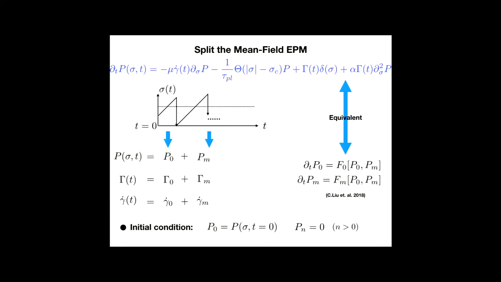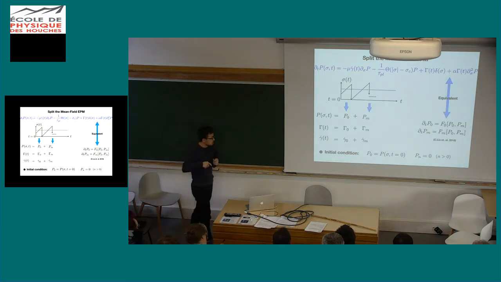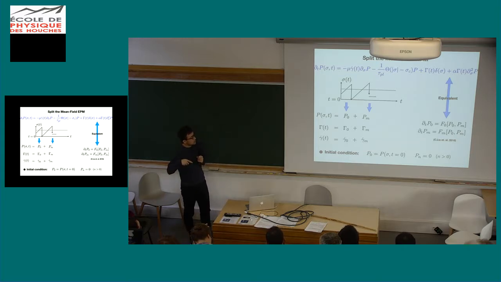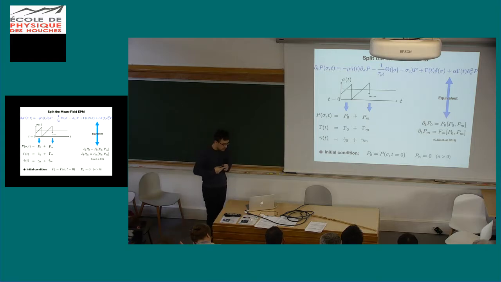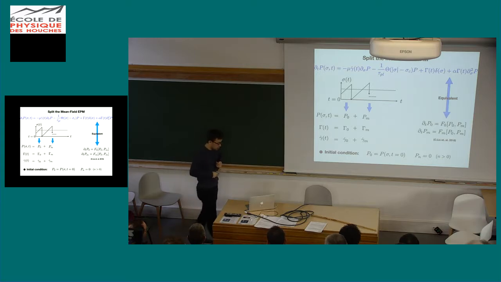So to do that, we look closely at the mean-field model and split the Hébraud-Lequeux equation into two populations. The P0 is the population that corresponds to the sites that have not been activated since the onset of creep, and the PM is the population of sites that have been activated during the creep at least once. So then you can write the coupled dynamics of these two probability distributions, which is actually equivalent to the original formulation of the Hébraud-Lequeux model.